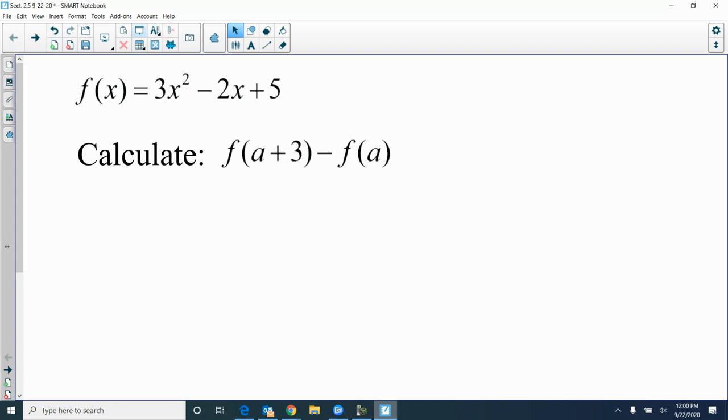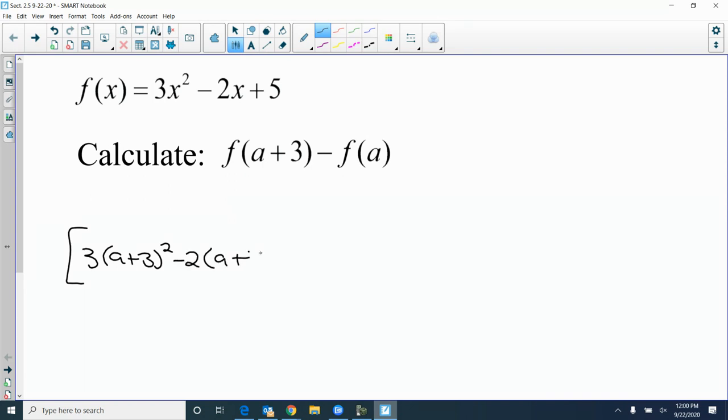I'm gonna put it in brackets just to kind of separate them. So it's 3 times quantity a plus 3 squared minus 2 times quantity a plus 3 plus 5. Okay, that is f of a plus 3 minus f of a.